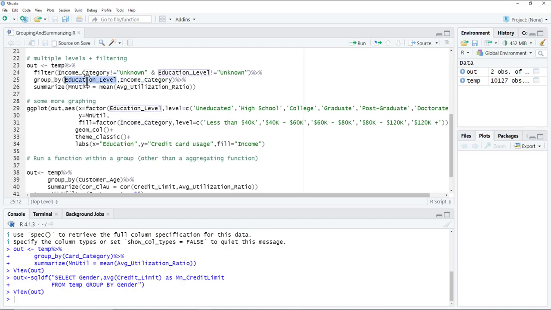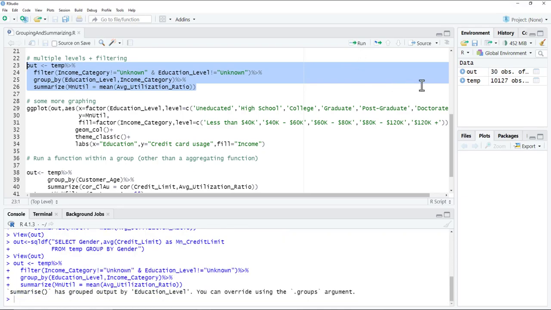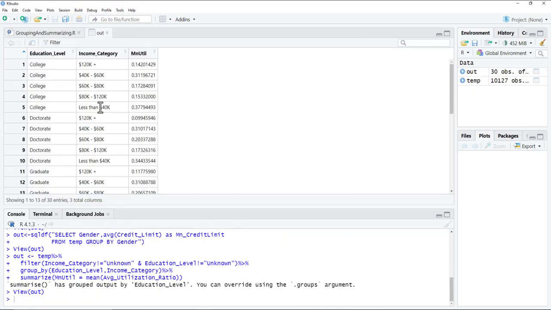If I'm doing education level and income category level, there is a category in there that is unknown for both of those. So let's say I just want to get rid of the ones where I don't know what the income or education levels are. Run this, look at this data frame, and notice for each education level and for each income category, I have the mean that they are using of that credit card.